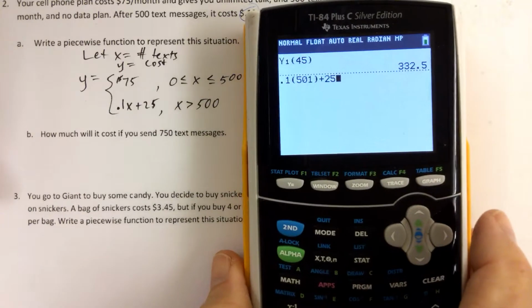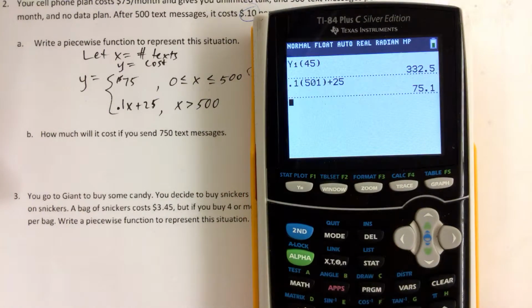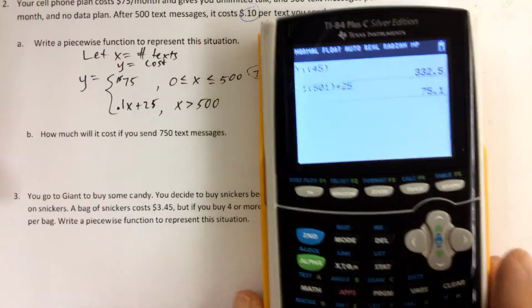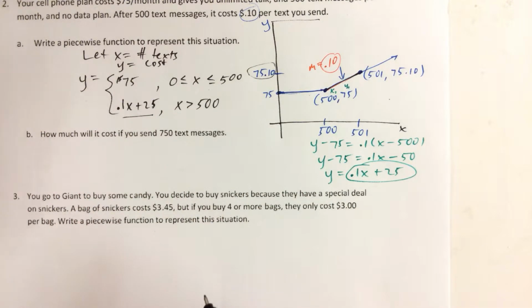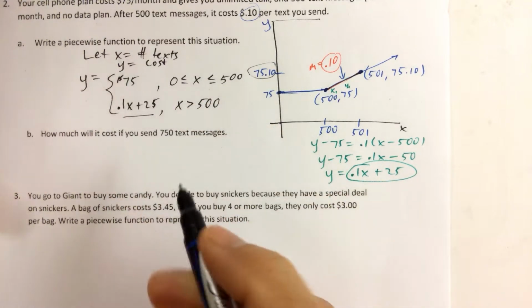So 0.1 times 501, plus 25. We hit enter and we get 75.1, which is $75.10. We always want to check to make sure we got the right second part of the piecewise function.